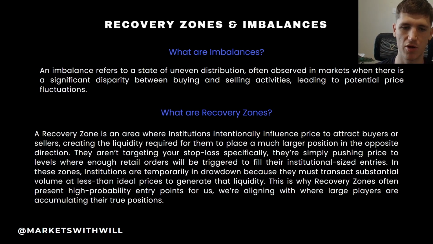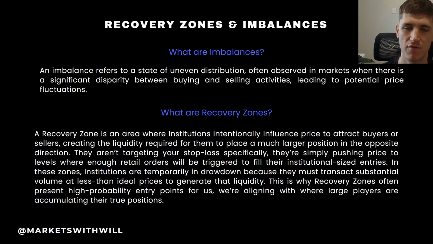In this scenario, institutions are intentionally influencing price to attract buyers or sellers, creating the liquidity required for them to place a much larger position in the opposite direction. Essentially, picture this. A major institution wants to take a large short position and they don't have enough volume in the market to cover that position, because there has to be a counterparty to that trade.